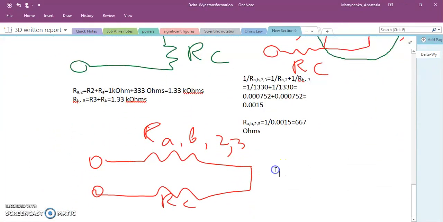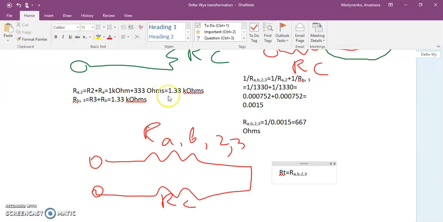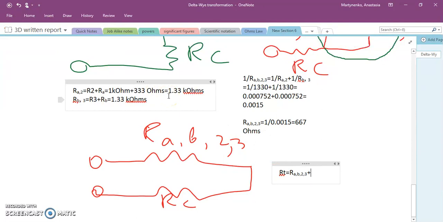Okay. So what is that? Well, this is just your regular series circuit. So this is R total. And R total in this case is RAB23 plus RC.